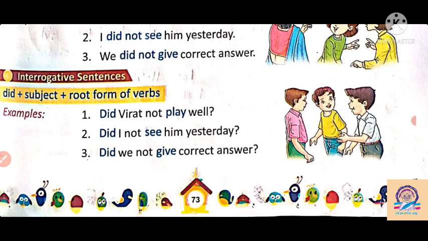Such words indicate the simple past tense. And the helping verb did helps to frame the sentence in negative and interrogative form in the simple past tense. So in the simple past tense the work is over, and whatever change occurs, we have to make it in the verb.